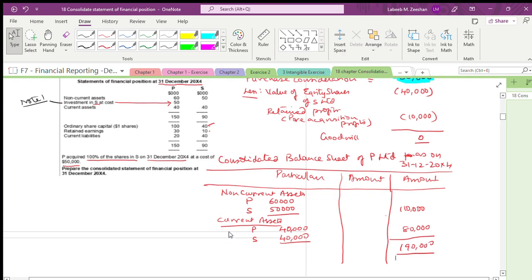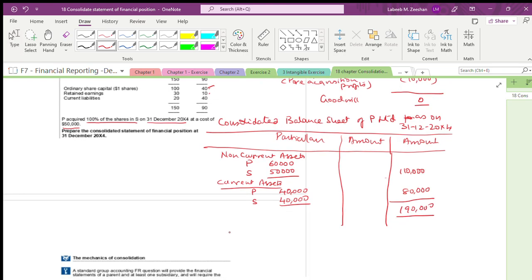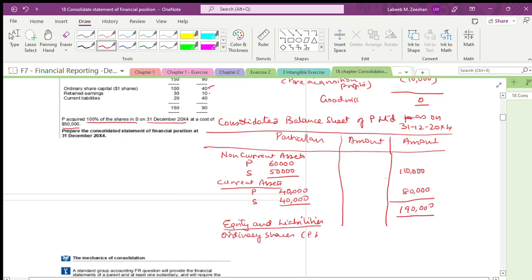Next, now you see, this is most critical: equity and liabilities. How much are the ordinary shares? Only P Limited, we are not taking anything from the subsidiary company.